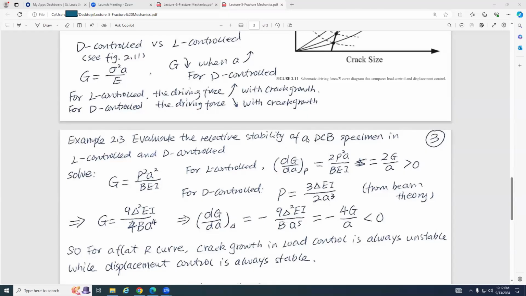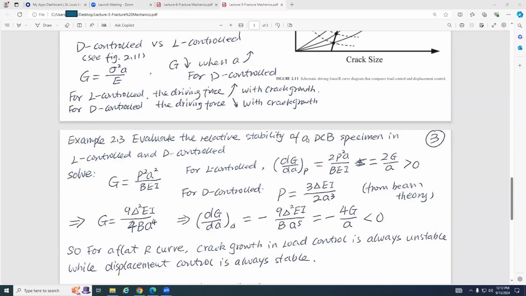From the beam theory, we know that P can be written as 3 delta EI over 2A to the power 3. So you can just take the derivative, dP/dA.